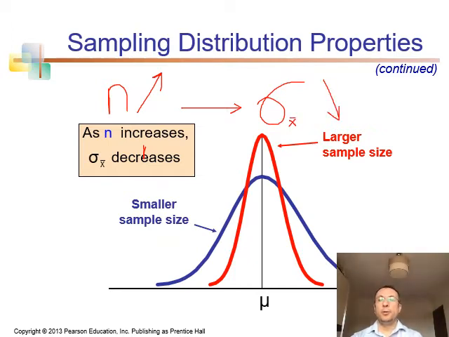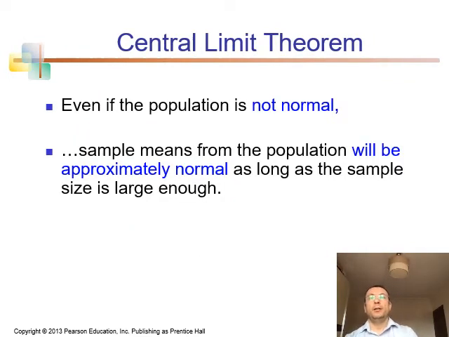Why? Because this number is equal to sigma over square root of n. So there is an inverse relationship between the sample size and the standard deviation of the sample mean. And this works even if the population is not normal. But for very small populations, this may not work.